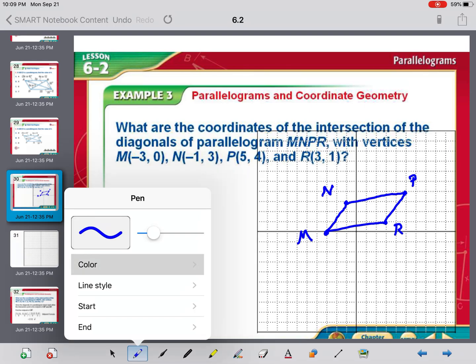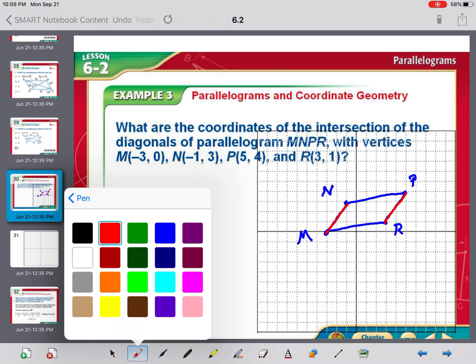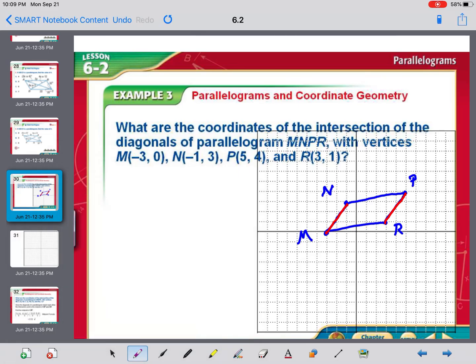Oh, by the way, we could take the time right here to prove that the slopes are the same, because if this side is parallel to this side, then they have to have the same slope, rise over run. You can see the slope is 3/2 for both of them. We could go on and check the NP and the MR as well, but that wasn't the question, so let me get back to the question.